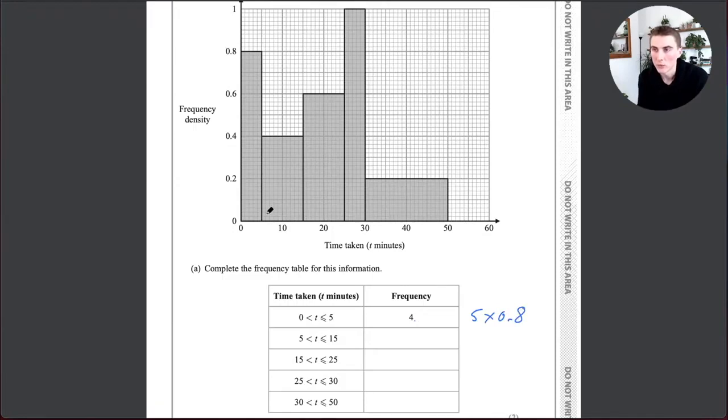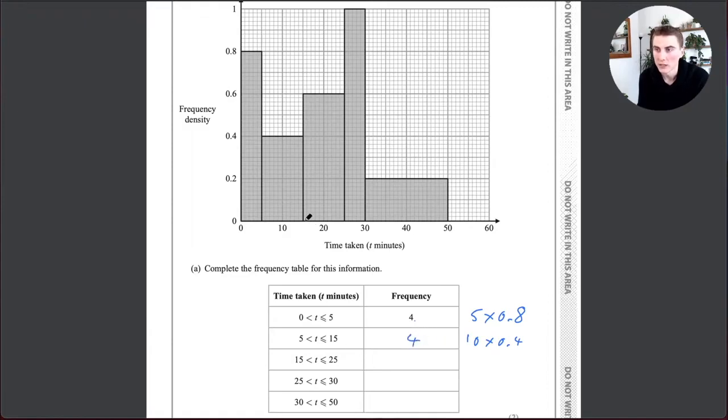For this next one though, it goes from 5 to 15. That's a difference of 10, because 5 add 10 is 15, and its height is 0.4. So we do 10 times 0.4, which gives us 4 as well, just a coincidence.